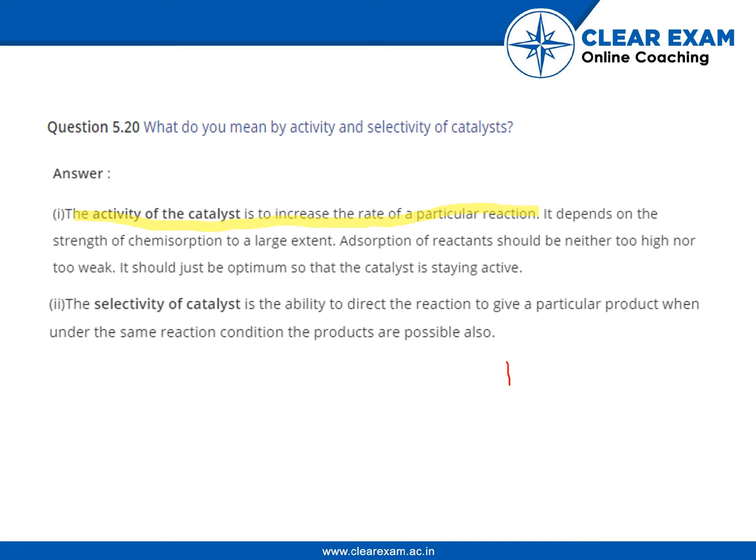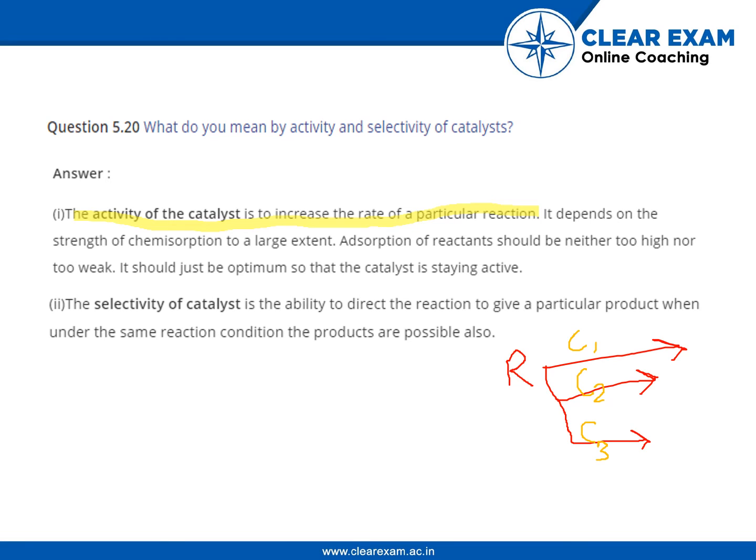Suppose we have some reactant, which I will denote by R. I will make 3 arrows, 1, 2 and 3. Suppose in the first case we have the C1 catalyst, in the second case the C2 catalyst, and in the third reaction the C3 catalyst.